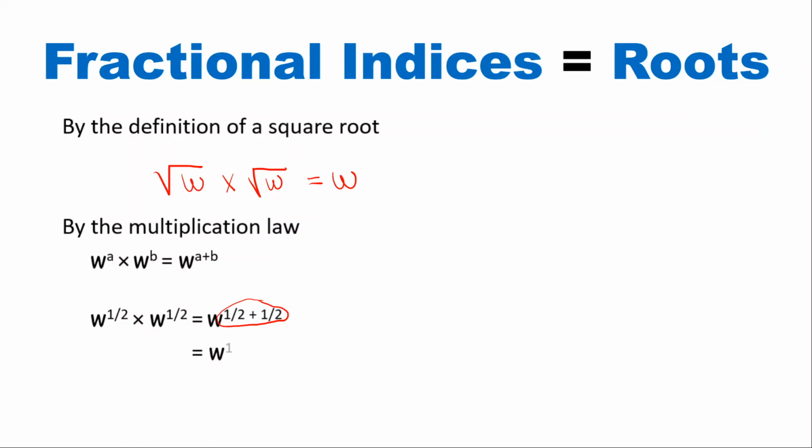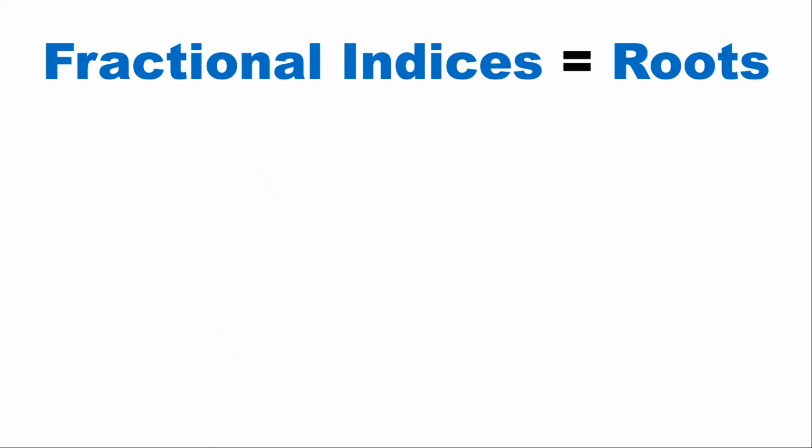So that just goes to show that w to the power of 1/2 is the value that multiplies by itself to make w. So the square root of w, right? Take a minute to think about that if you need to, and then we'll go on.